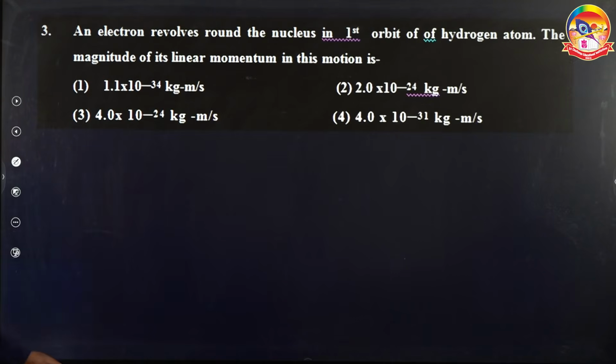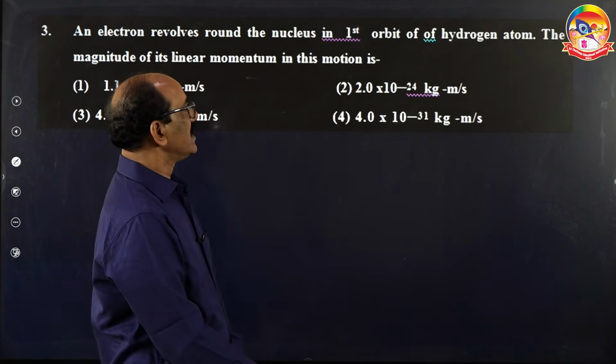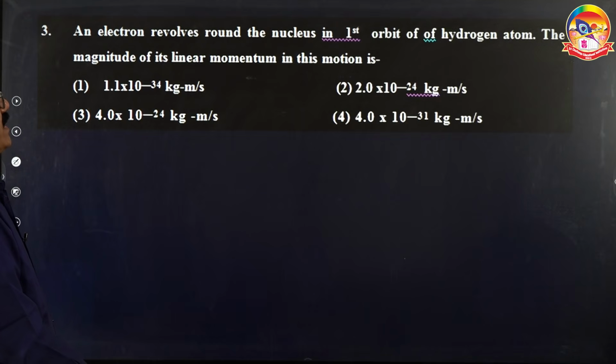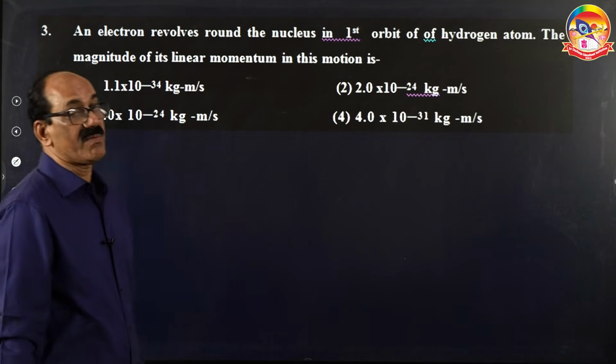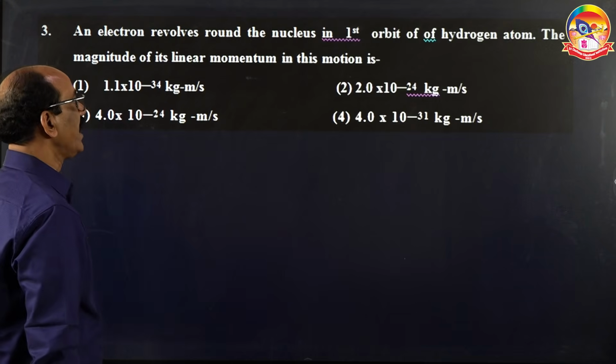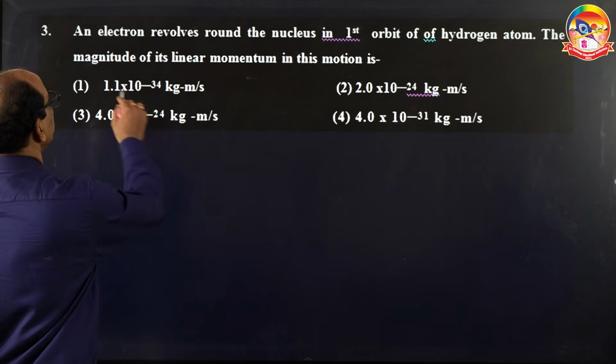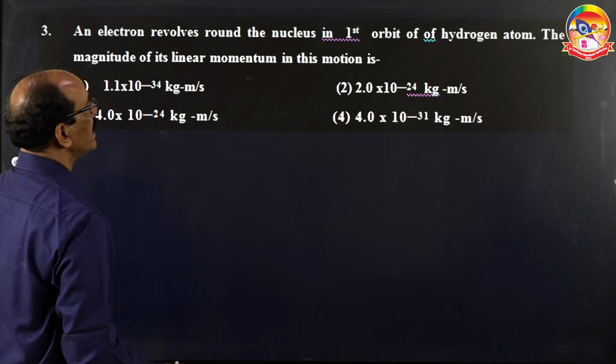Then the next problem: an electron revolves around the nucleus in the first orbit of a hydrogen atom. The magnitude of its linear momentum in this motion is. You are now asked about linear momentum, not the angular momentum. Okay? So it is revolving in the first orbit of the hydrogen atom, and we want to find the linear momentum.